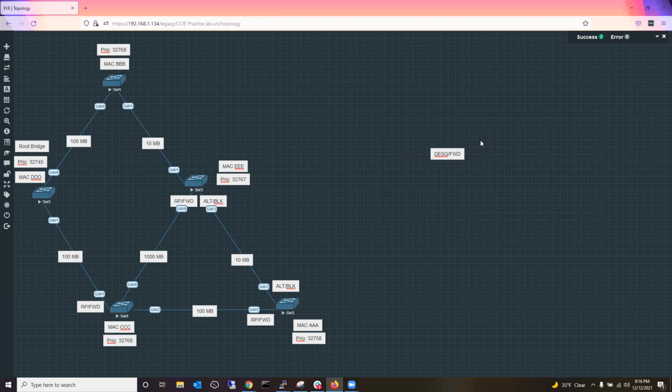Yes, the listening state. So let's assume that spanning tree already converged properly, right? It went from blocking and then listening and then learning and then what's the last state? Forwarding. Yeah, forwarding state. There you go.